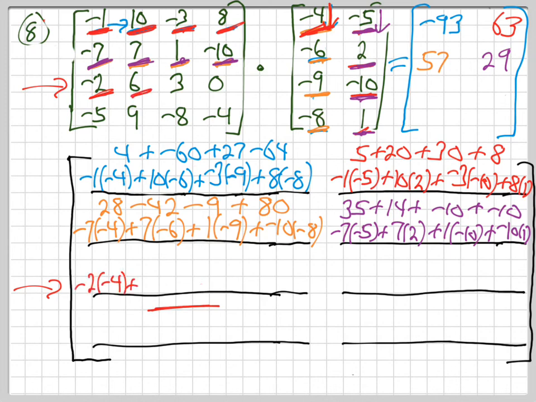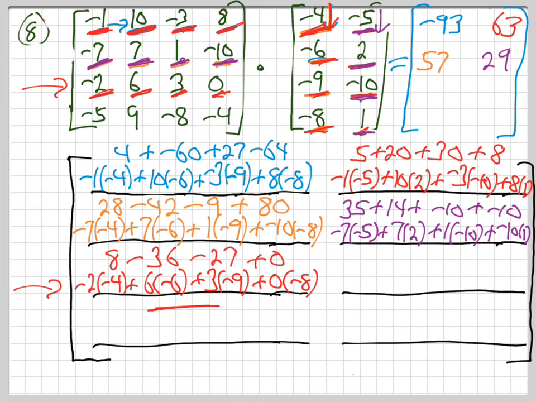Plus, jump to the right, jump down. 6 times minus 6. Jump to the right, jump down. 3 times minus 9. Jump to the right, jump down. 0 times minus 8. What's that? 8 minus 36 minus 27 plus 0 comes out negative 55 on your calculator.